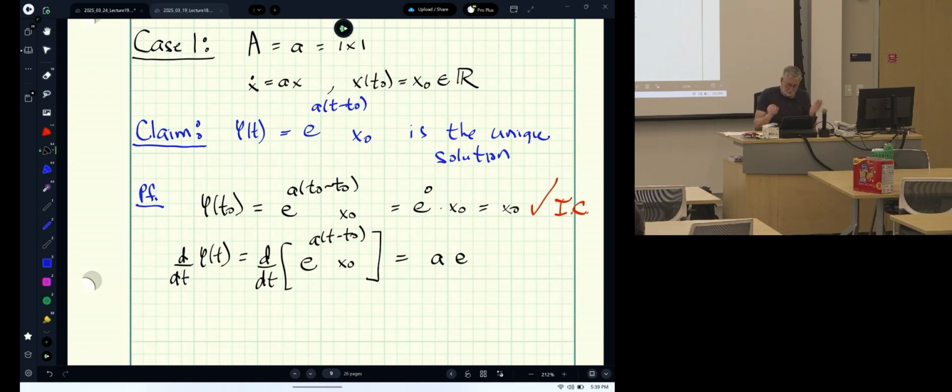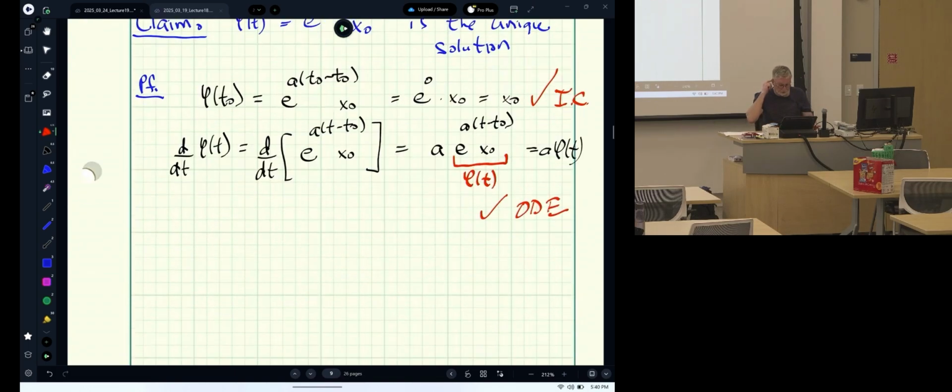I'm going to write the chain rule backwards here. So this function, when we put it on the left-hand side and the right-hand side, satisfies the ODE.